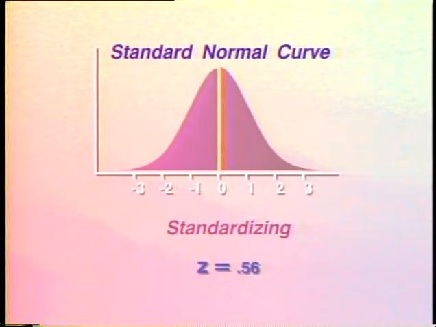Here's 2, and here's 3. If an original observation falls below the mean, its z is negative, and if it's above the mean, the z is positive. We can use the standard normal curve to tell us where specific observations lie in relation to the rest of a distribution. For instance, let's take a look at our engine with a standardized NOx level of 0.56.